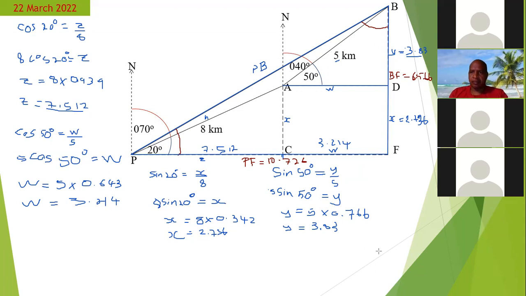Yes, sir, you know one of them. The one with the 20. Is that 20 degrees for the big right angle triangle or for the smaller right angle triangle? Smaller right angle triangle, sir. Right.